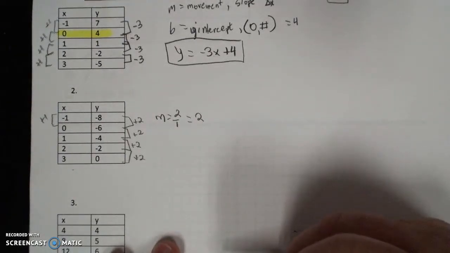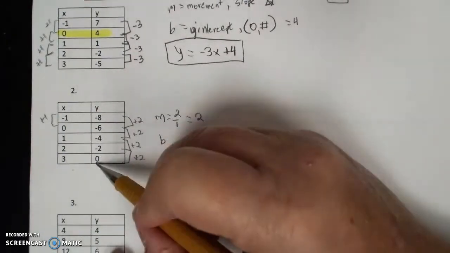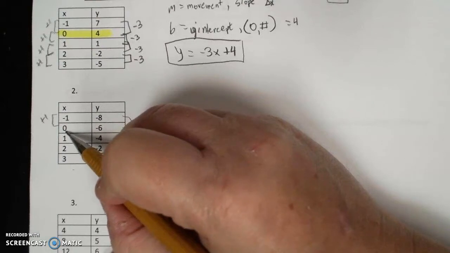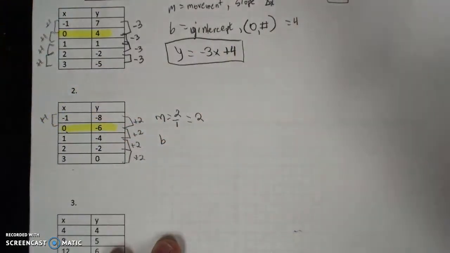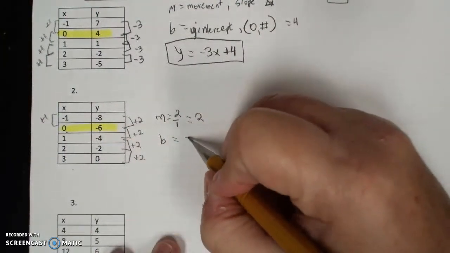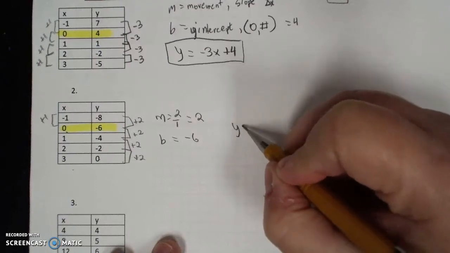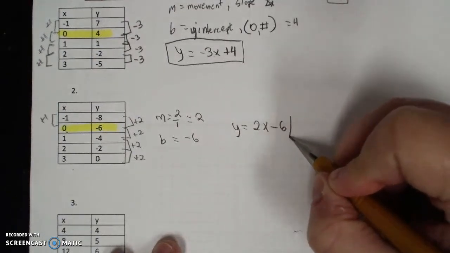Make sure you always simplify those fractions. My b, now there's a 0 here and a 0 here. We have to make sure that we know which one to go look for, and it's the 0 in the x. That's the y-intercept, which is negative 6. So my equation is y equals 2x minus 6.